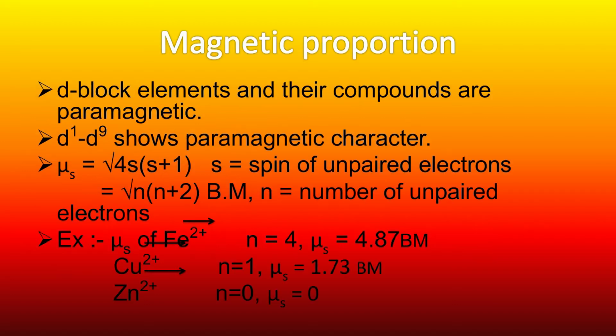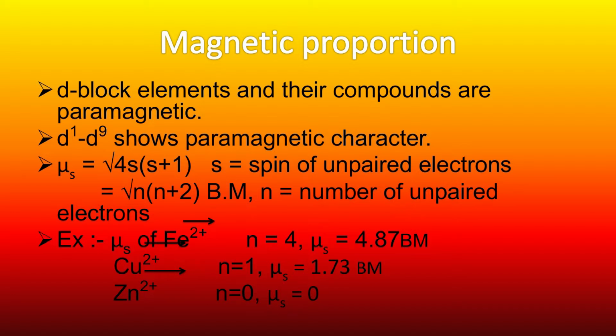Okay. Now next is magnetic property. D block elements and their compounds are mostly paramagnetic. What are paramagnetic substances? Paramagnetic substances are those which, if you bring an external magnet near that substance, the substance is slowly attracted towards that external magnet, then it is called a paramagnetic substance.